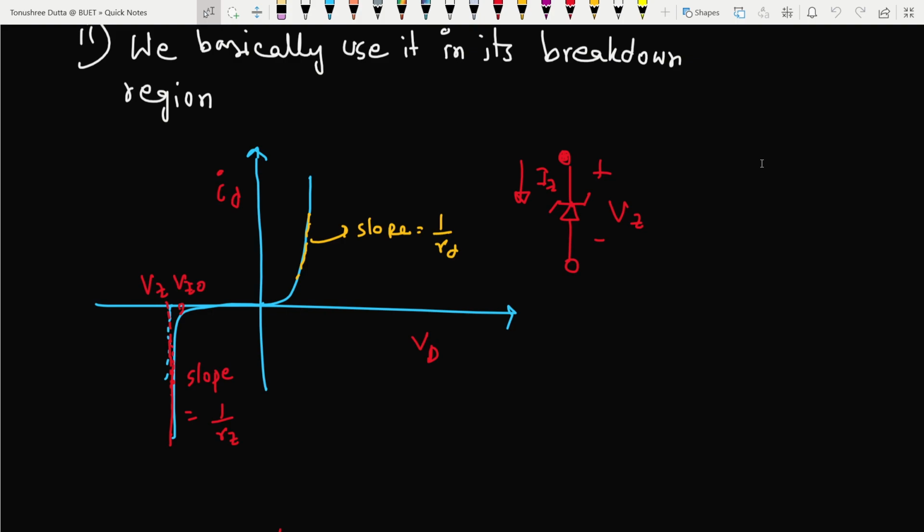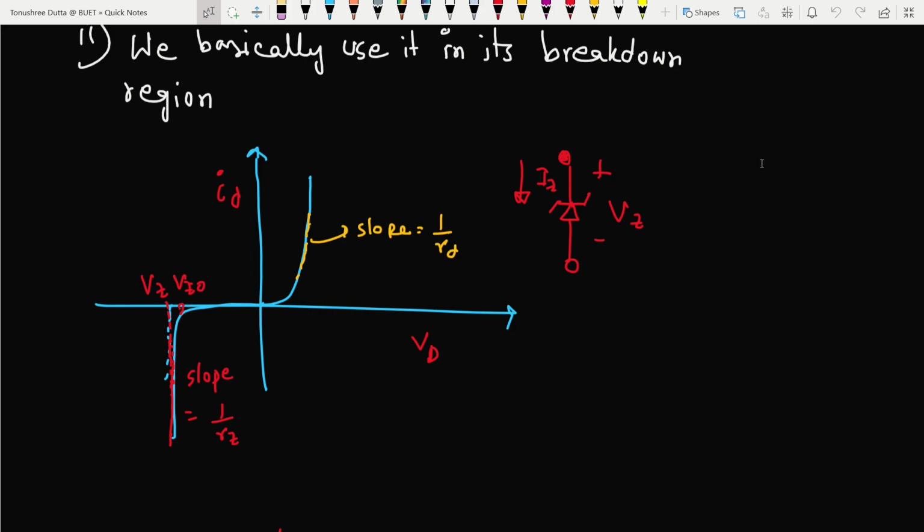Normally its slope is just like any other diode, 1 by a small rz. Why have I written a small rz? Because this resistance is for the breakdown region, or the reverse region, and that rd resistance was for the forward bias region, and these two are different. Obviously they are different because these two curves have different curvatures and different slopes.